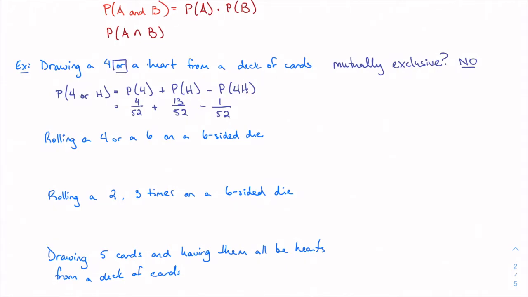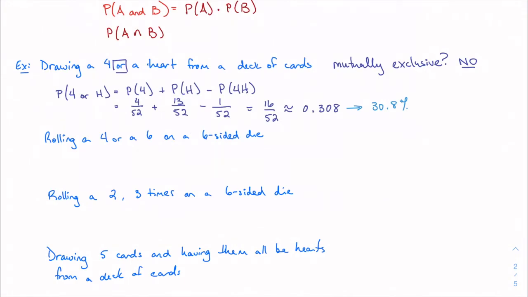So I'm just going to add all these together. 4 plus 13 is 17, minus 1 is 16 out of 52. And if I divide, I get 0.308. And again, if you prefer to see this as a percentage, that's 30.8%. We just move the decimal 2 places.